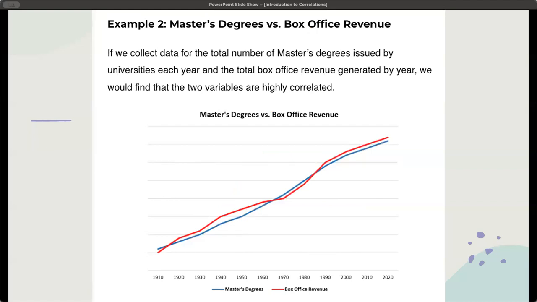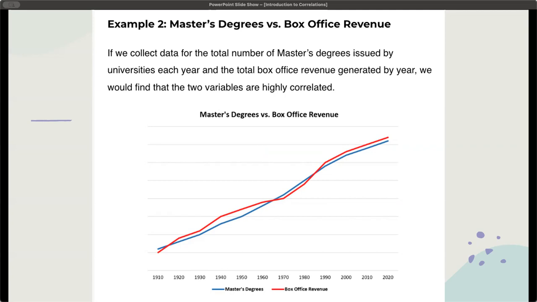What we're also seeing are increases in populations. So we would naturally assume the number of master's degrees issued is going to rise as the population increases, and so does box office revenue in conjunction with inflation. So these are independent events. However, when putting them on a chart together like this, it looks like they have a stronger relationship than they do.